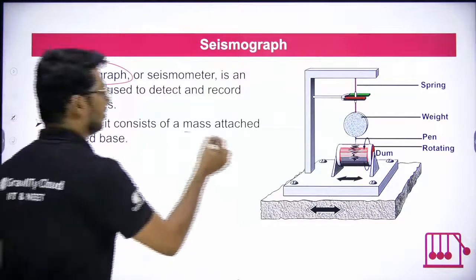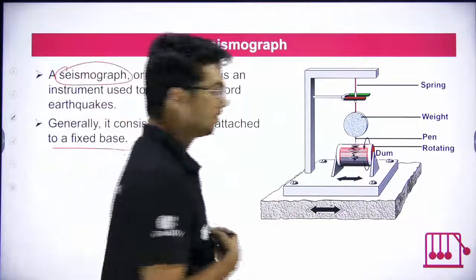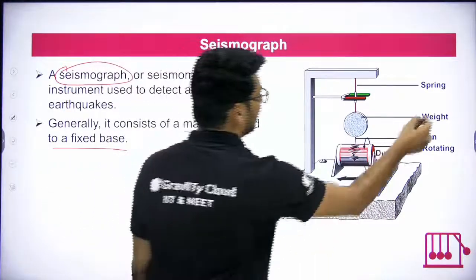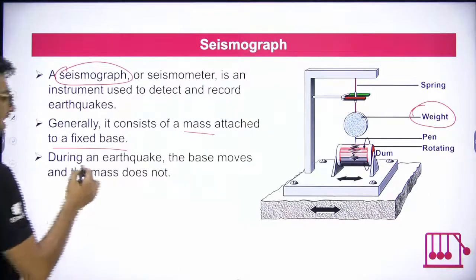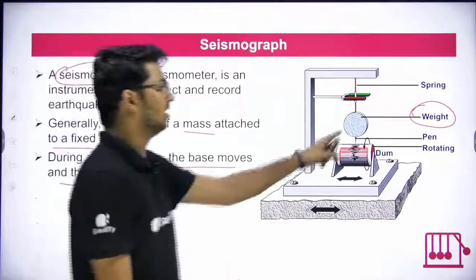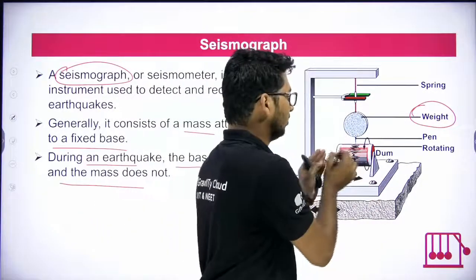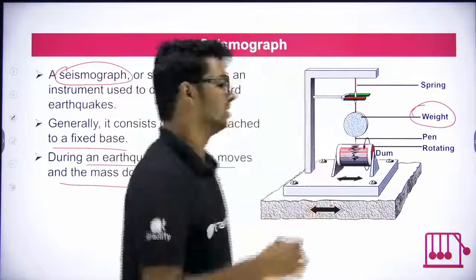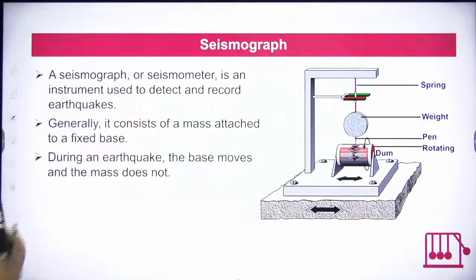Generally, it will consist of a mass attached to a fixed base. So this is the weight, or the mass. During an earthquake, the base moves and the mass does not. So the mass will remain stationary, but the base will shake. Due to the shaking, this random pattern will be recorded on the paper.